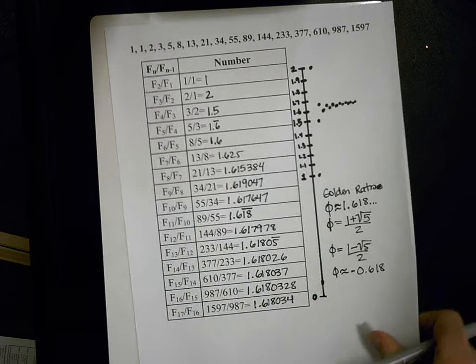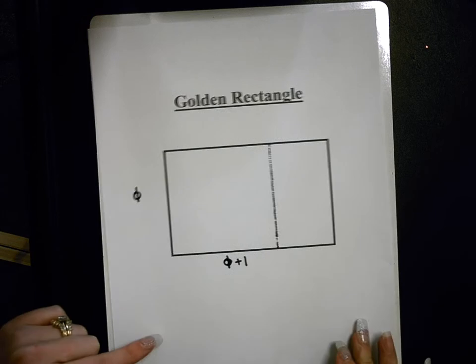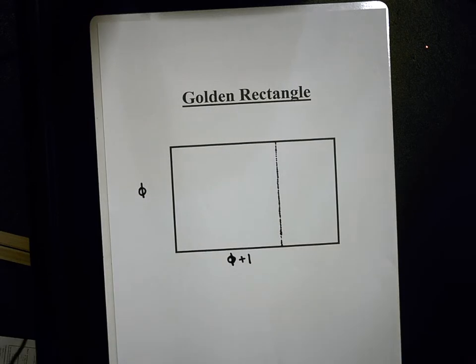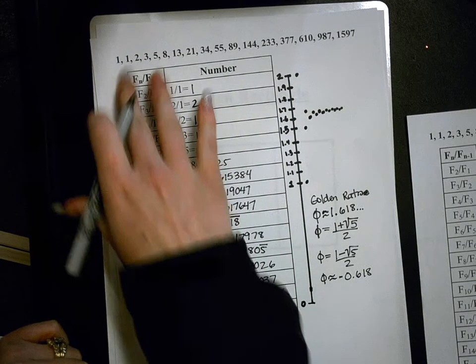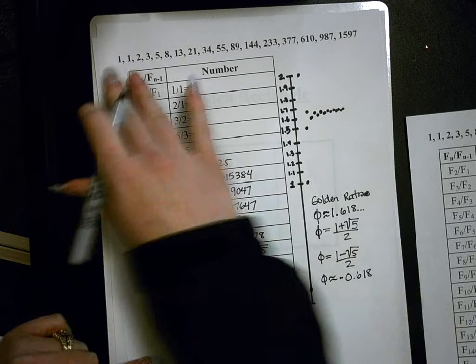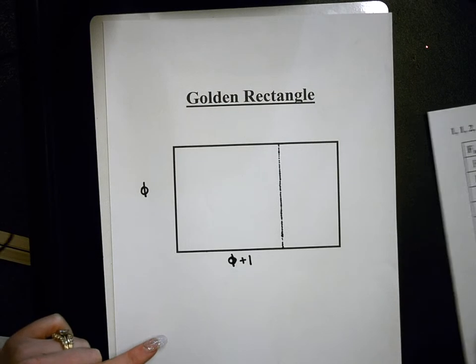And from the golden ratio, we can derive something called the golden rectangle. Now the golden rectangle takes in the golden ratio, which is derived from looking at and messing with the ratio of the Fibonacci numbers. So Fibonacci numbers to golden ratio to golden rectangle.